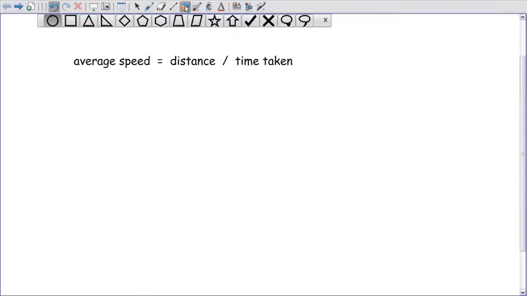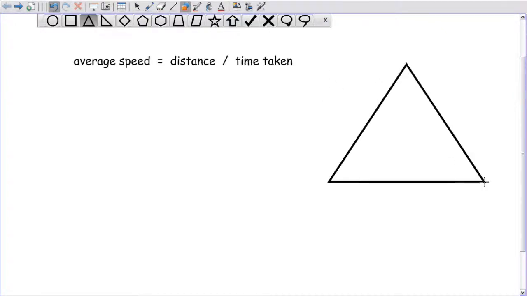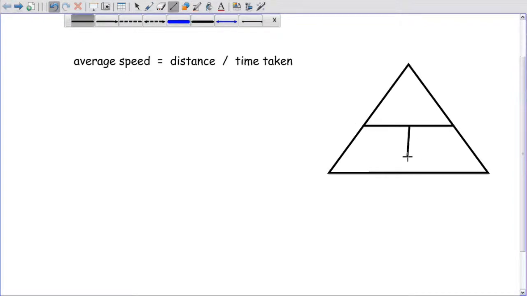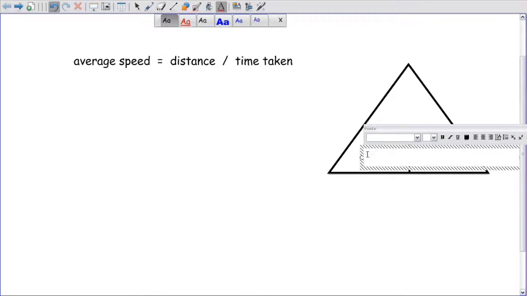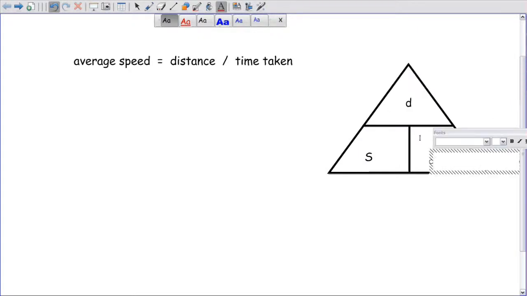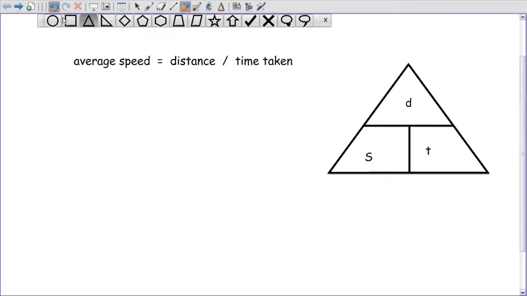Now, if you're not a fan of maths, that can be written as one of these maths triangles that you have. Three subjects here, here and here, and then you would have speed down here, distance up here, and time down there. How these work, if you cover up one of these, then what remains is how you calculate the hidden one.